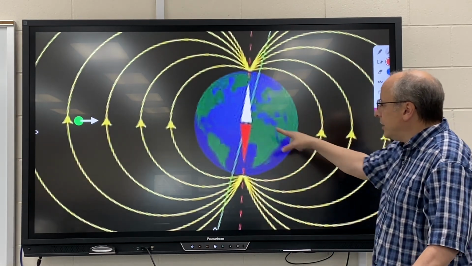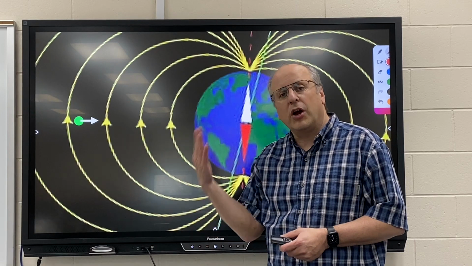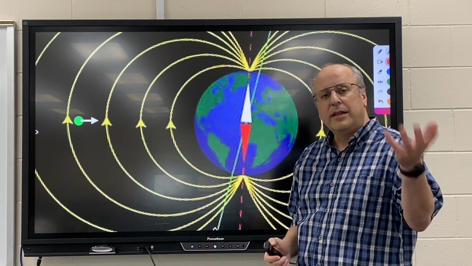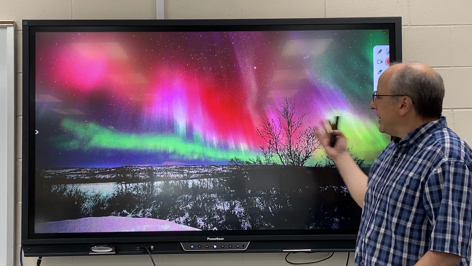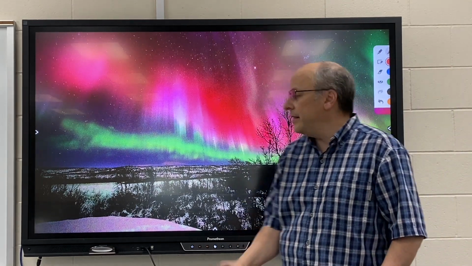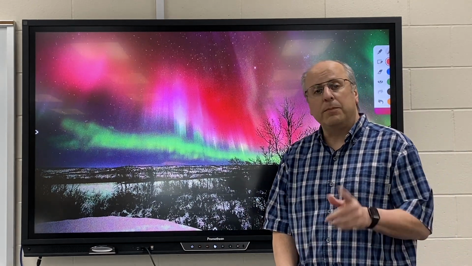As they approach the Earth and interact with the Earth's magnetic field, they're going to be deflected according to the hand rule. Positive charges you'd figure out with the right, negative with the left. They're going to produce spectacular views near the north and south poles, and these are known as your northern or southern lights.